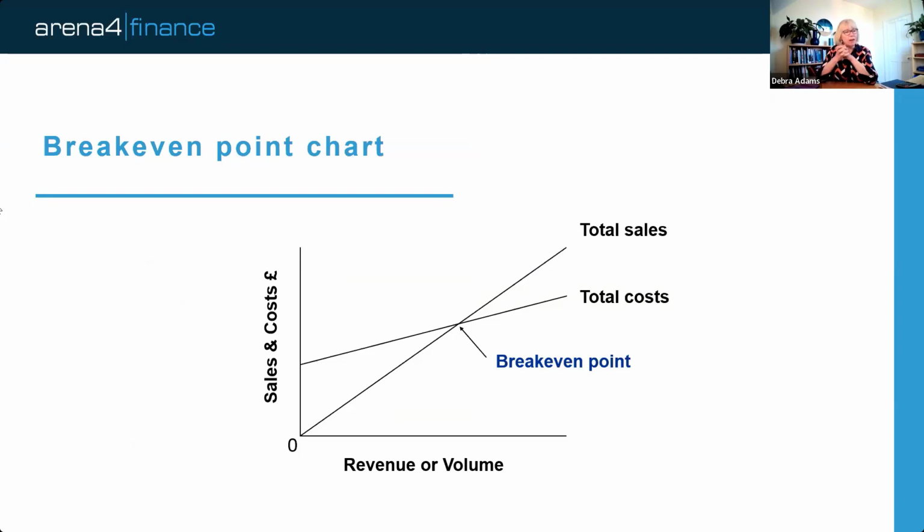And those total costs are made up of, as you can see on the graph, the fixed costs, which is where my arrow is pointing at the moment, and then the point where the two lines cross, which is the break-even point. And then from that we can read off what volume of sales or revenues we need to have in order to break even.